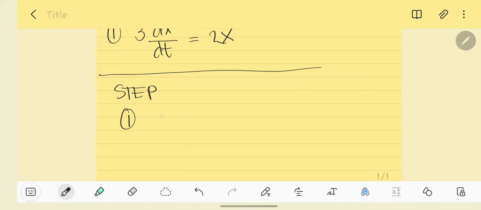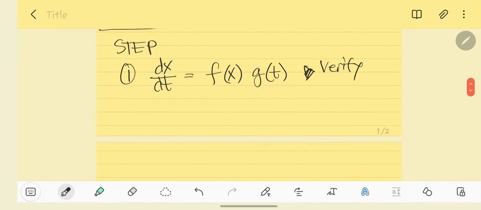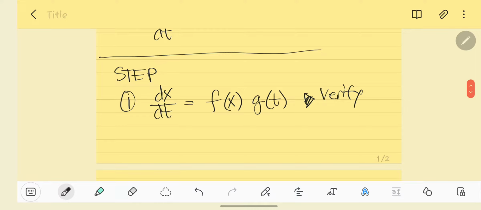You should verify or validate if dx over dt is equals to function of x times function of t. So you should verify if the equation is in the form of dx over dt is equals to function of x times function of t.